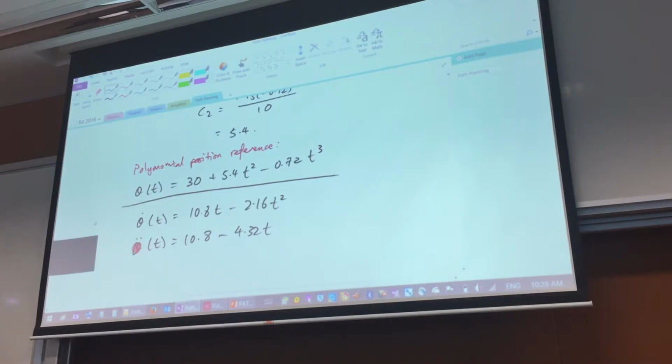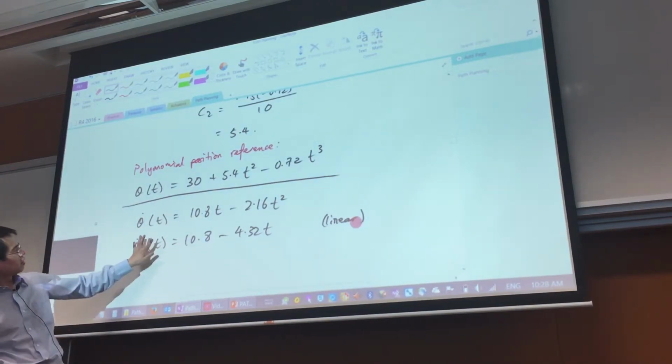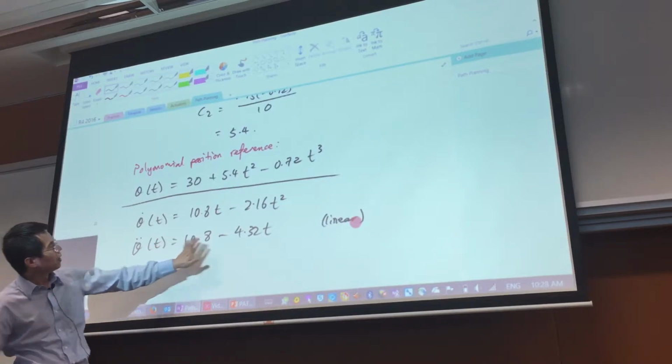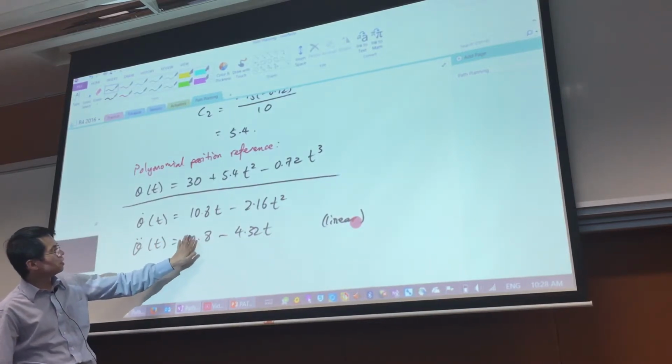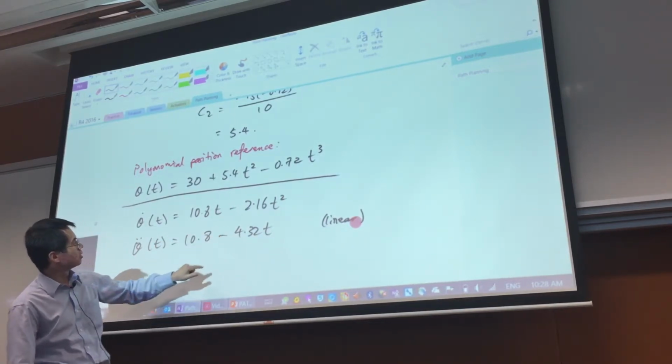So it turned out that your acceleration is a linear equation. It's linear because it's like y equals mx plus c.